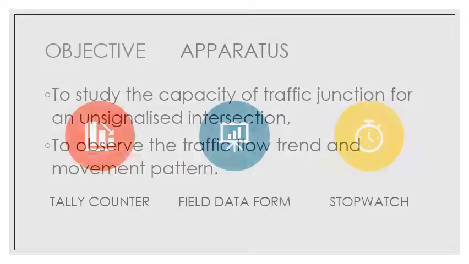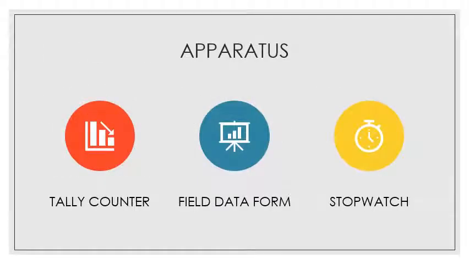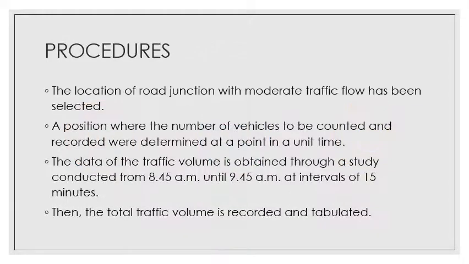The apparatus needed are a stopwatch, a counter, and of course the field data form. These are the standard apparatus for any traffic volume or capacity study. The procedure of the lab is very simple and very brief.